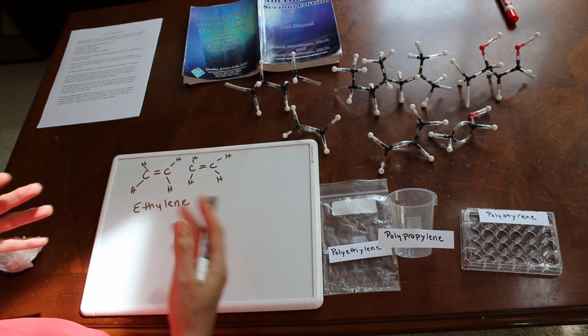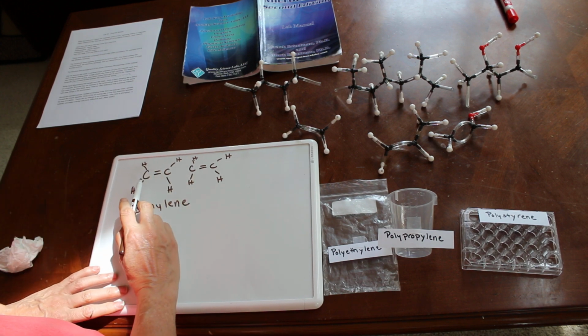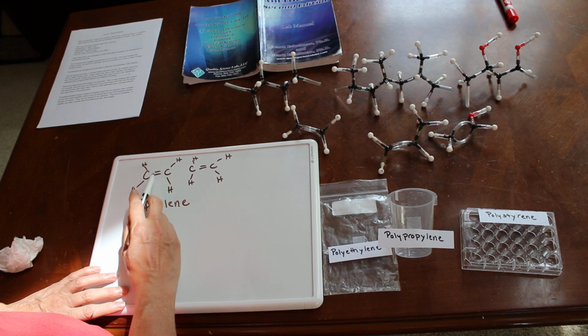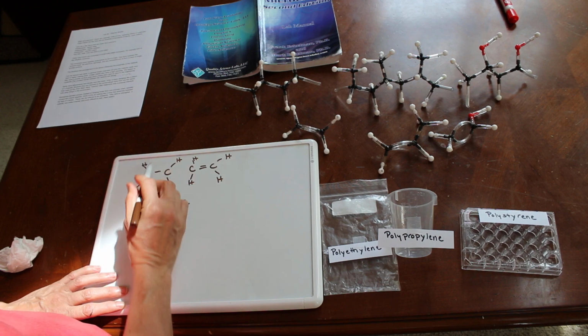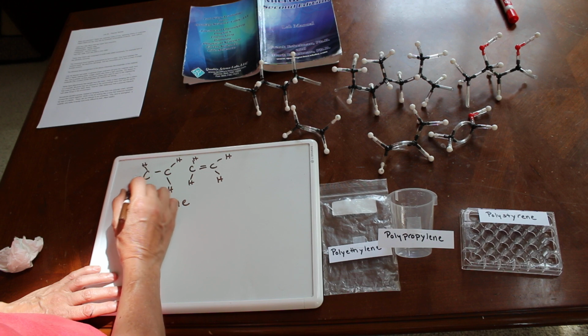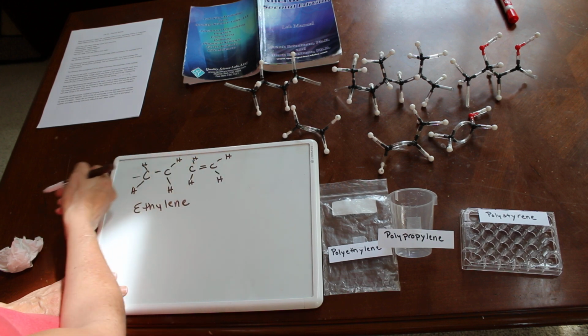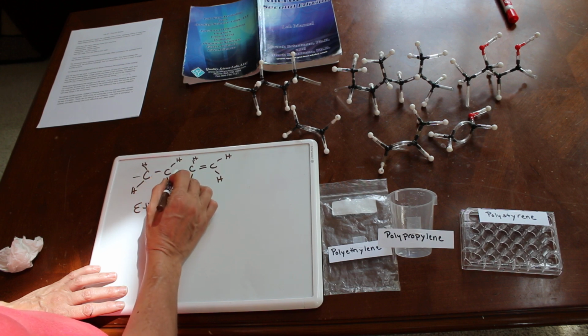They polymerize. And so what happens is we see here that these two carbons have a double covalent bond. This bond breaks. And we know that carbon has 4 bonds, and so we have 1, 2, 3, and here's a 4th one, and the chain's going to continue out this way. And then here we have 1, 2, 3, 4.